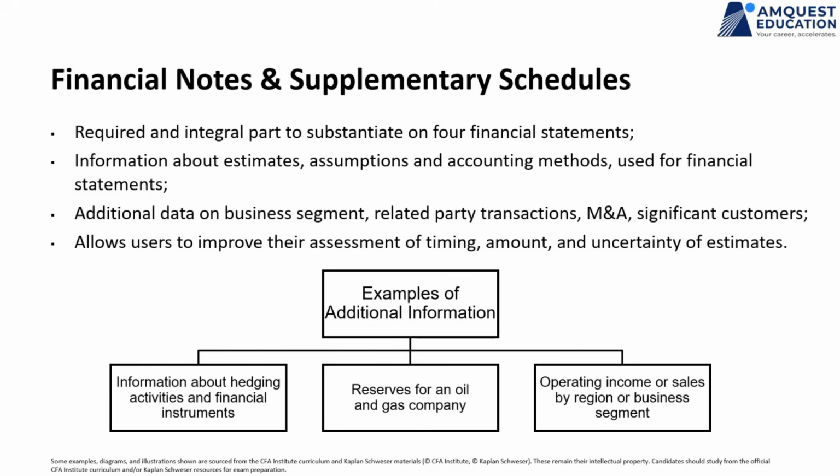Then at times the company also provides information around key product. Like, what is the key product of my company, and how are we doing on the key product? Any new launches, etc., you may get as part of financial statements or supplementary schedules. This is supporting information which supports the numbers.